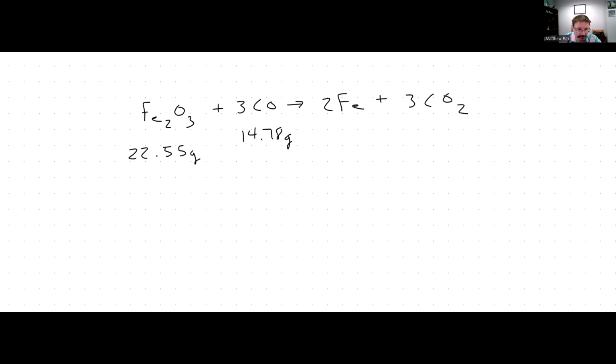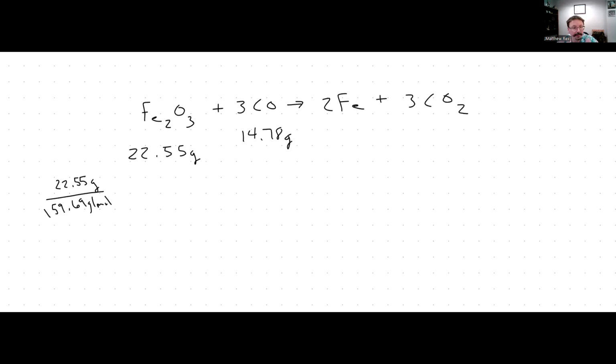So for iron 3 oxide, I'm going to take that 22.55 grams and divide by the molar mass of that, which should be the mass for 2 irons and 3 oxygens, 159.69 grams per mole.